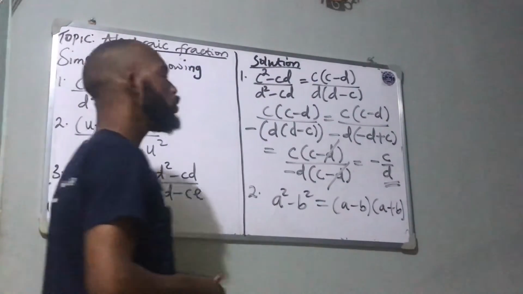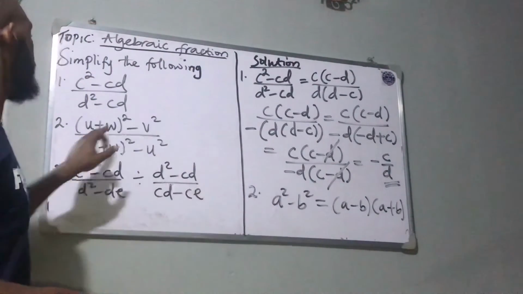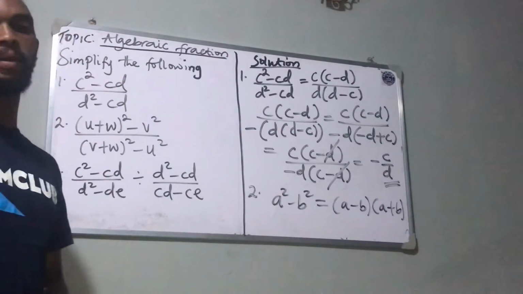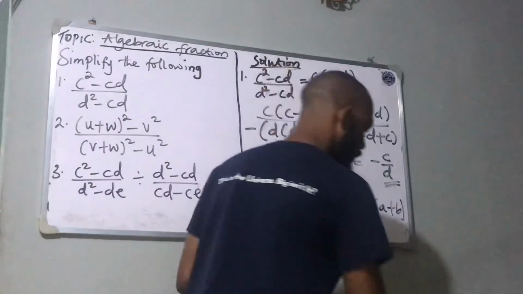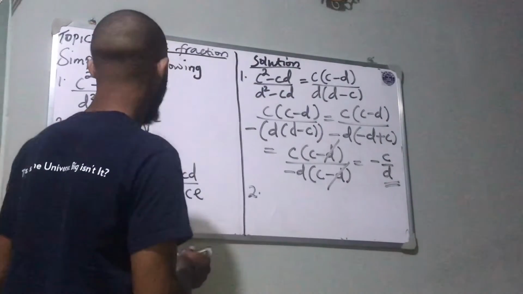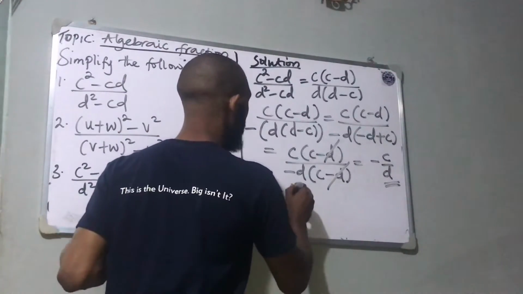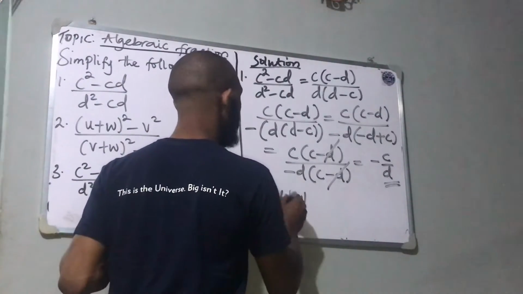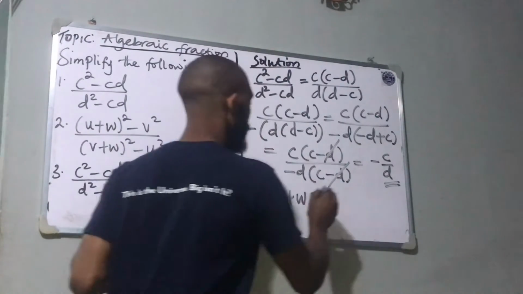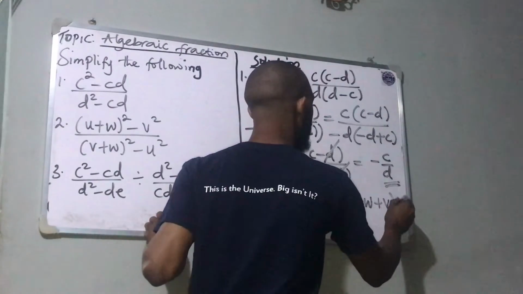So we can quickly use the same format to solve this, meaning that we can say a is u plus w, while b is v. Using difference of two squares, we have u plus w minus v and u plus w plus v all over.